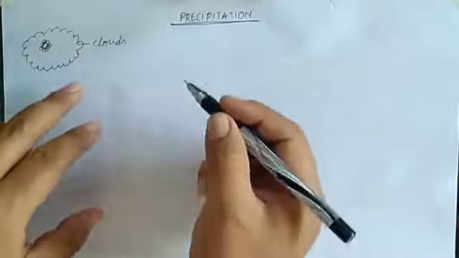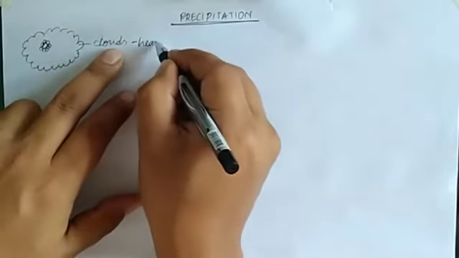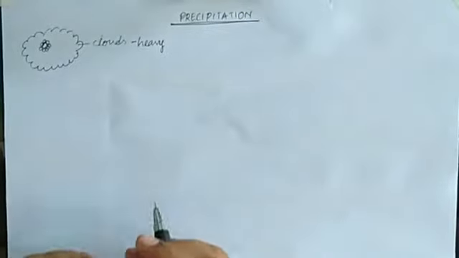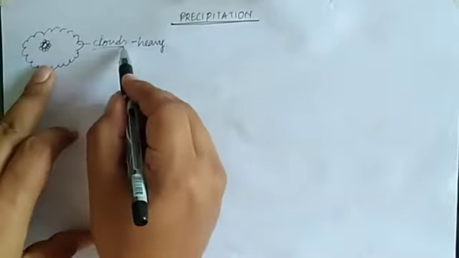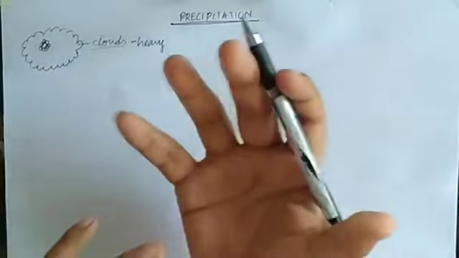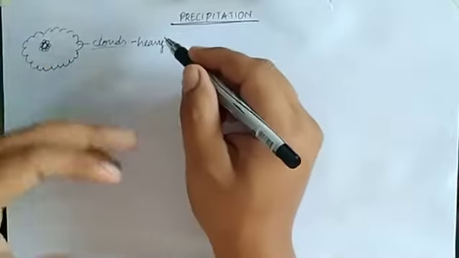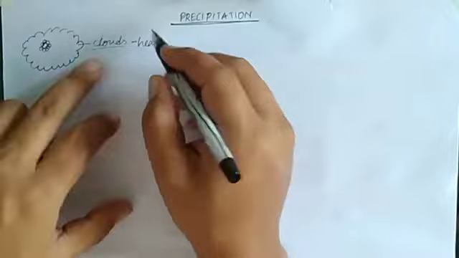Now when the clouds become heavy and can't remain suspended in the air, they will fall down on the earth's surface. So that falling down of the condensed water droplets to the earth's surface is termed as precipitation.